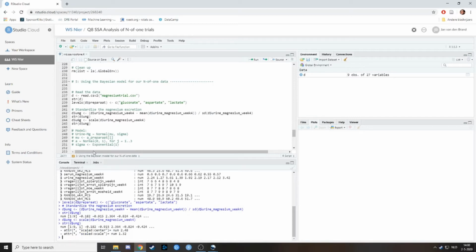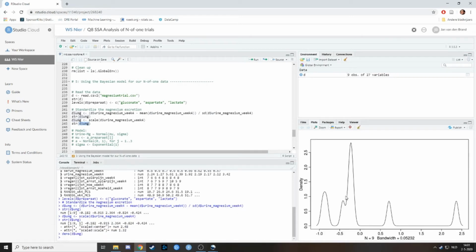And if we plot the density of this, you see that most values are within this -1 to +1 range. Now obviously there are only very few values here, only 9, which means that we'll never see a very nice distribution.